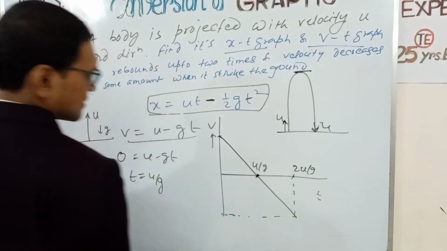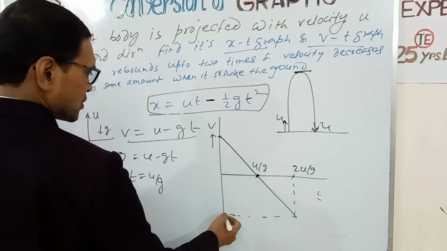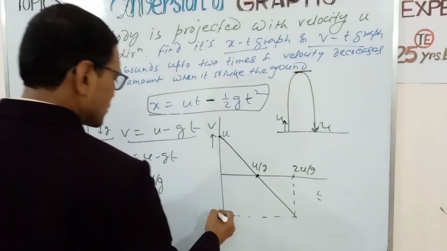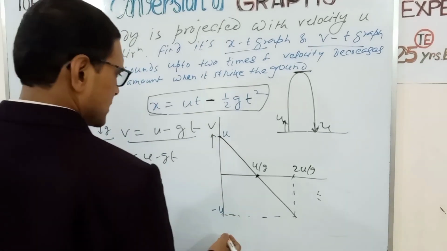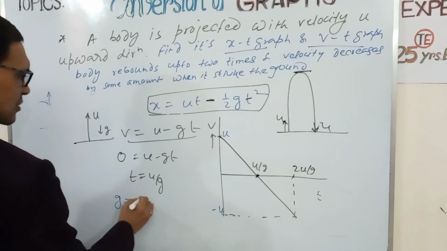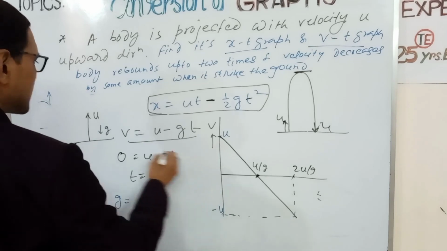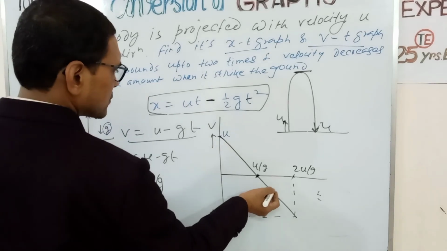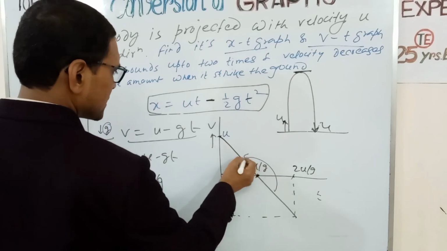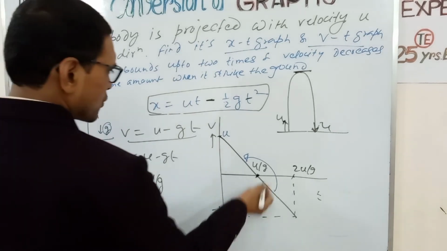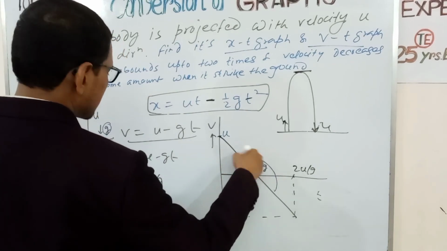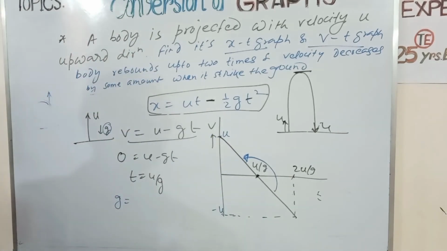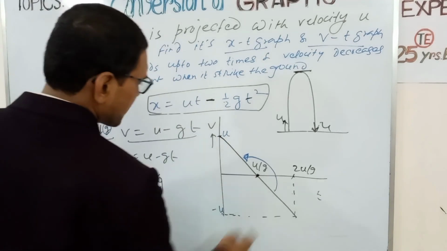Again this velocity is u in magnitude, and this velocity is also minus u. The acceleration g is negative, because in the vertical direction acceleration is negative, and the slope of the vt graph is also negative, the angle is greater than 90 degrees. So this will be the vt graph when a body is projected upward.